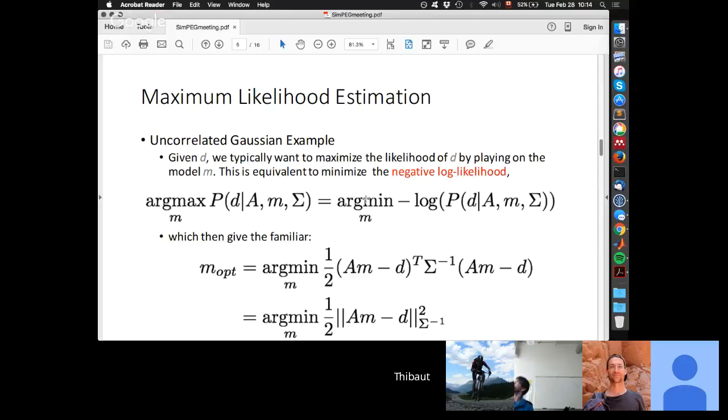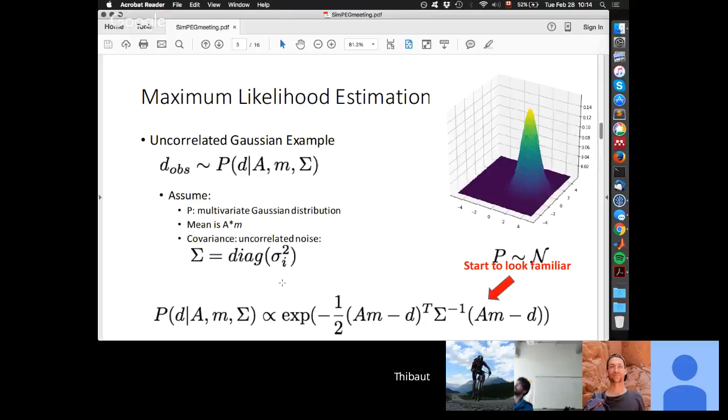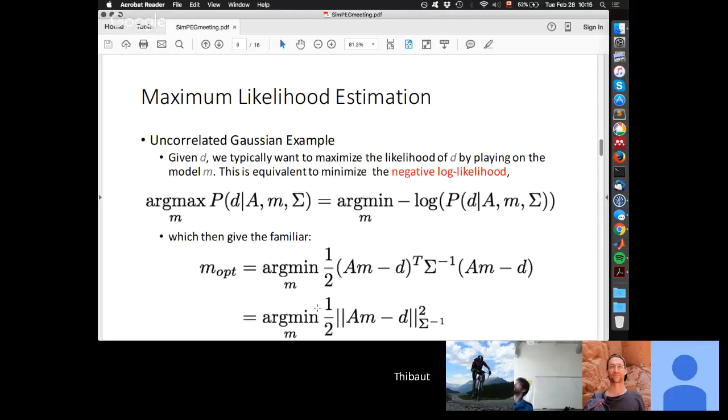So if I want to minimize the negative log likelihood, I just drop the exponential, and the minus times minus gives a plus. So I'm looking for the minimum of the L2 norm of AM minus D, weighted by the covariance matrix.